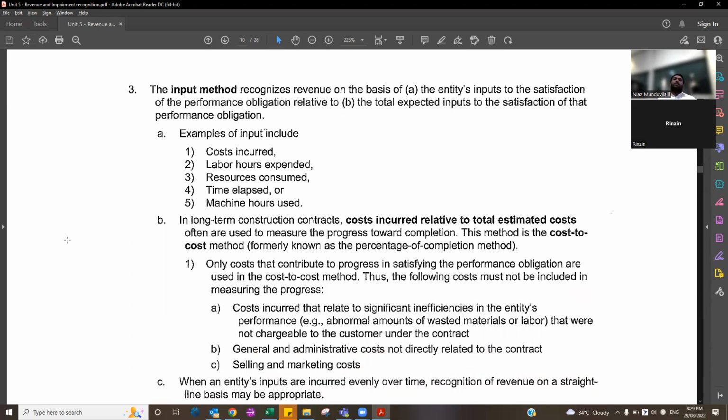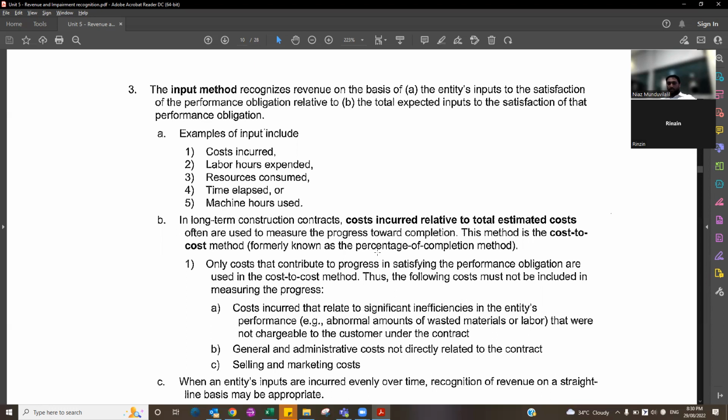Input method recognizes revenue on the basis of the entity's input to the satisfaction of the performance obligation relative to the total expected input to the satisfaction of the performance obligation. Examples of the input include cost incurred, labor hours expended, resources consumed, time elapsed, or machine hours used.